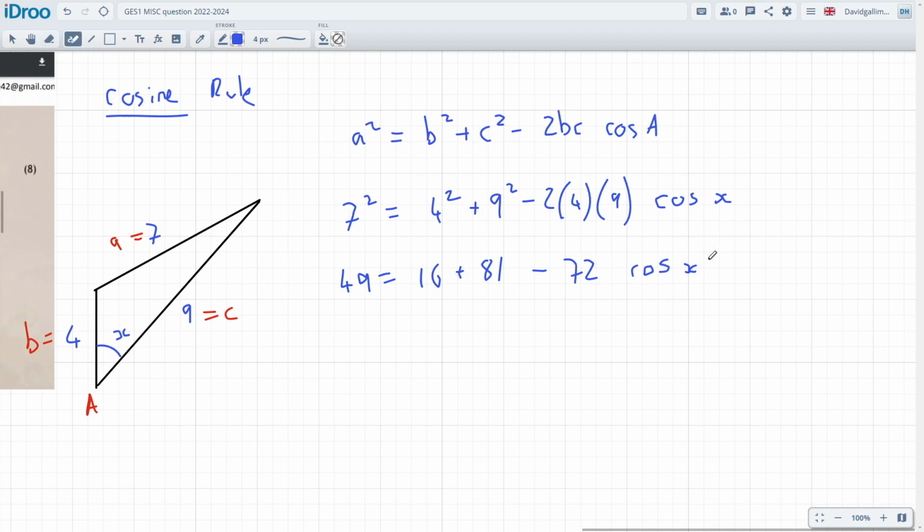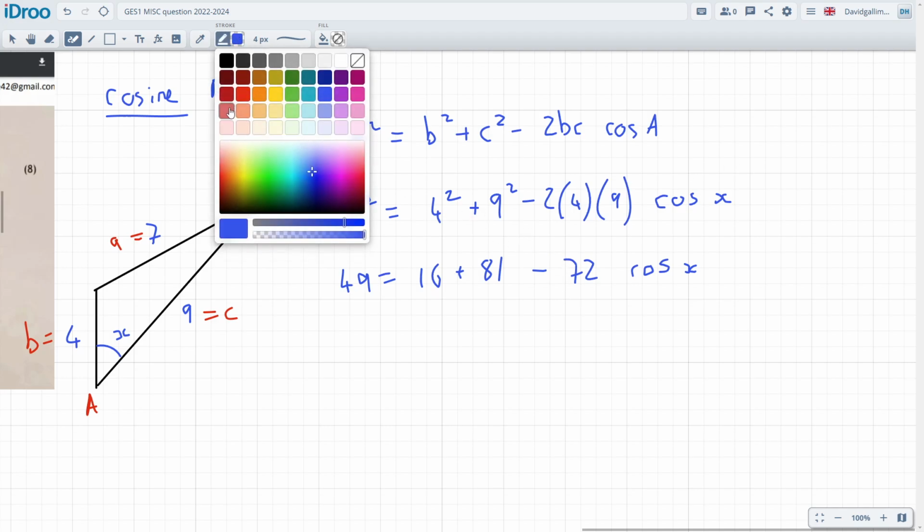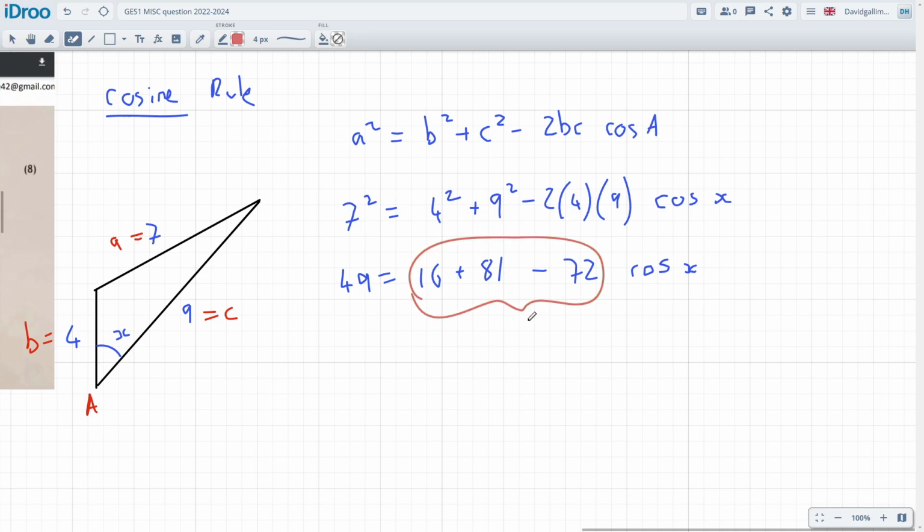I guess I didn't need my calculator just yet, but you should check this on your calculator because it's really annoying to make mistakes because of basic arithmetic error. Now, what you don't have to do is put all these guys together. This is the common error. It's so tempting to add these guys together and minus off the 72, but you can't because this 72 is multiplied by cosine. It's really tied in there, so you can't get into this just yet.